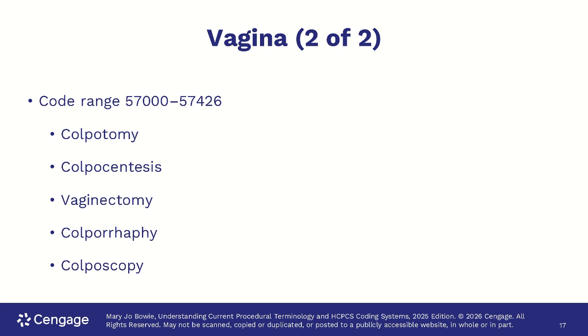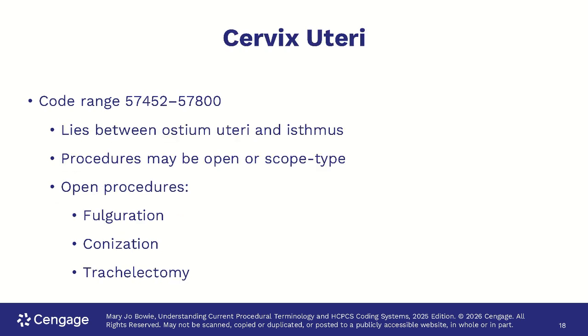You want to make sure that you read those because it will help you with your code selection. Then you have the rest of the procedures here for the vagina: the otomy, the synthesis, the vaginectomy, the raphy, and the scopy. Everything has its place from a procedural perspective.